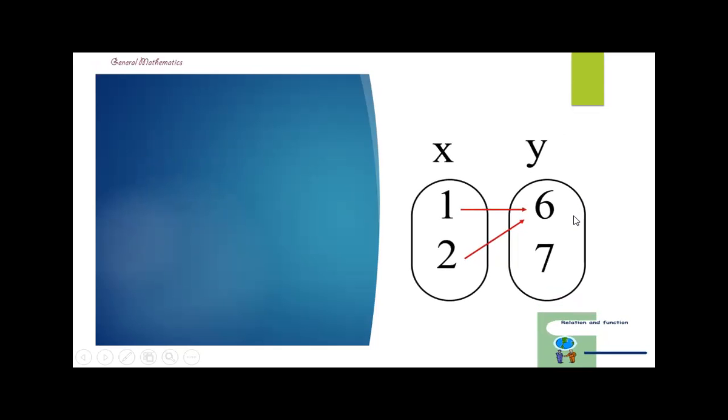Next one, function or relation? It is a function because we only have one value of y. So numbers 1 and 2 correspond to 6.